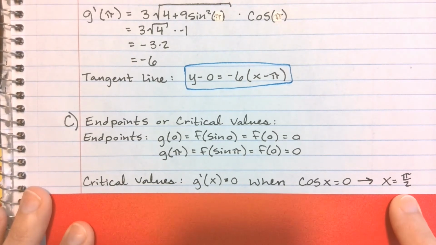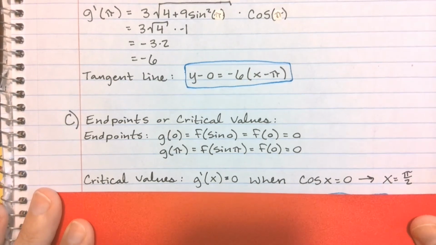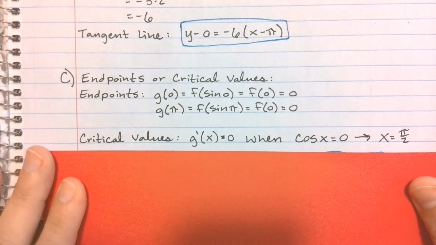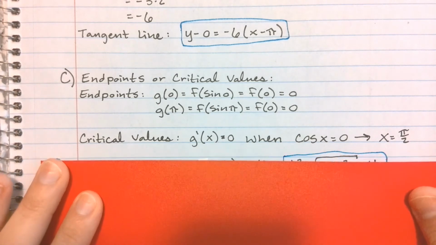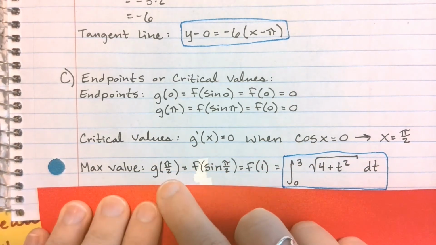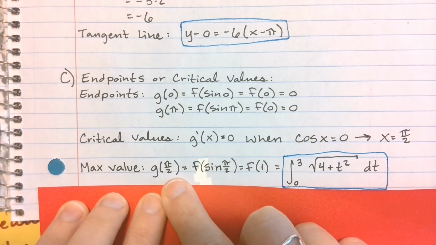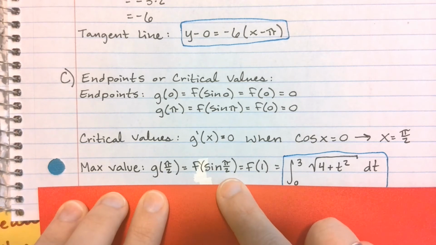Okay, so now that we know where it's happening, this has to be our max here at pi over 2. Now we plug that back in to find that integral for that max. So we've got g of pi over 2, that would be where the max is happening, the y value, but that's defined by f of sine of pi over 2.